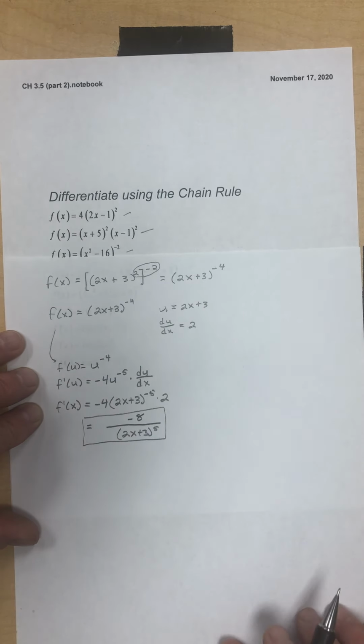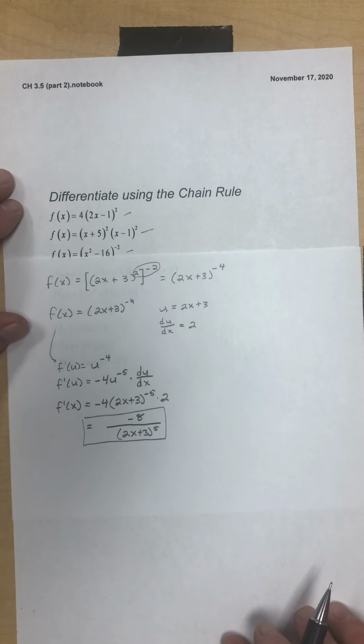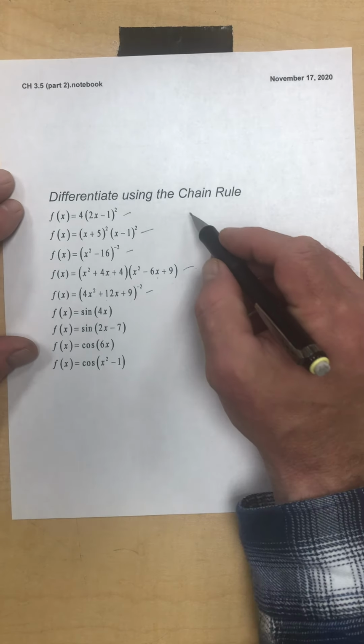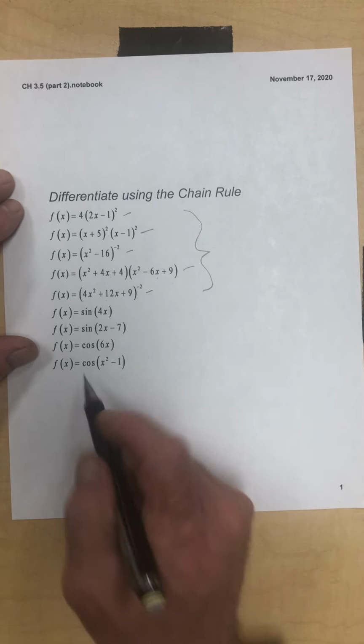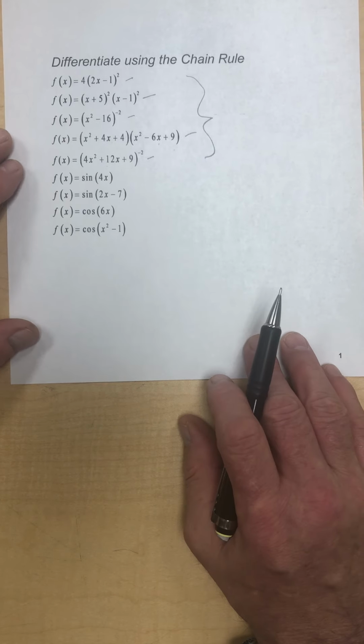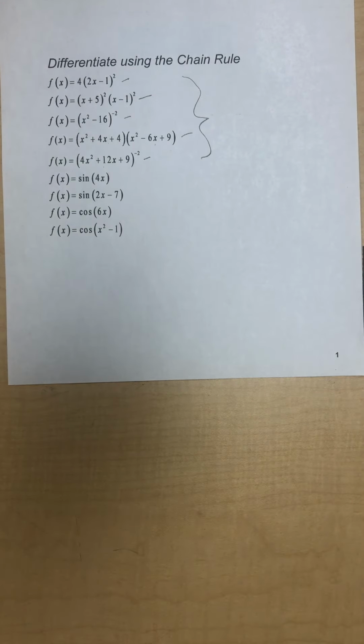It's a clean looking answer. So we should be in good shape there. That takes care of all of these guys here. Now I got to start working on the trig. You might want to grab the sheet that I gave you with all of the trigonometric derivatives, because that might come in handy.